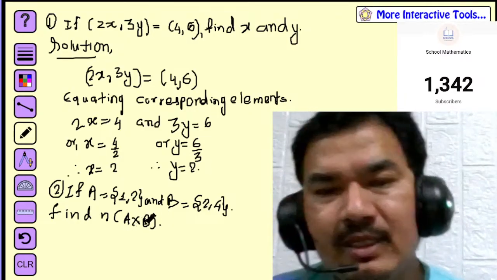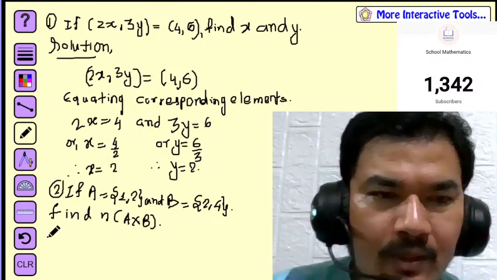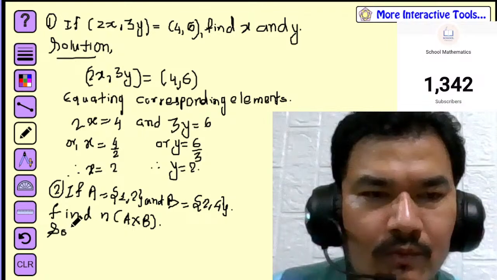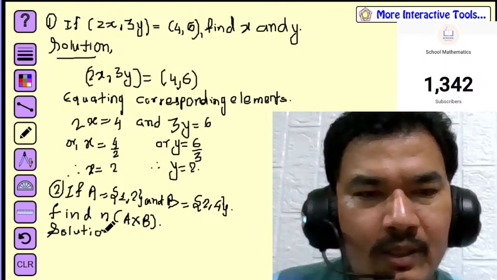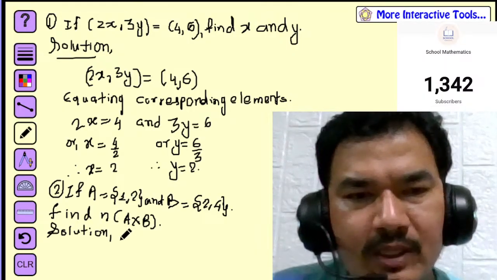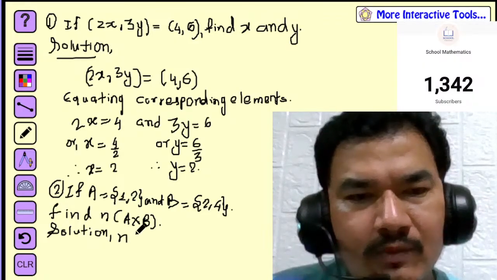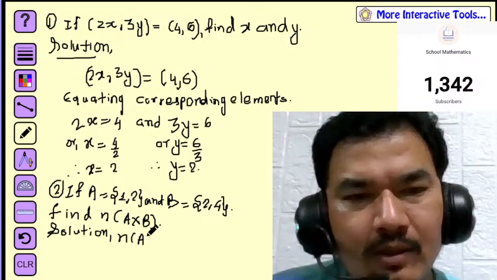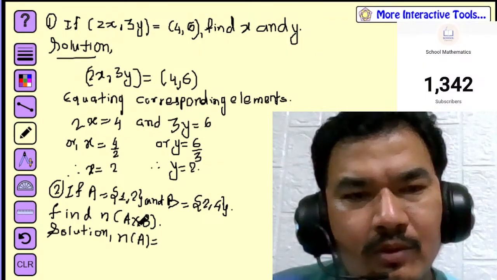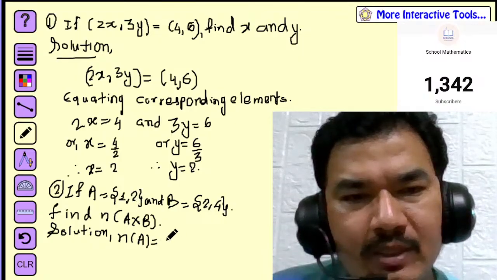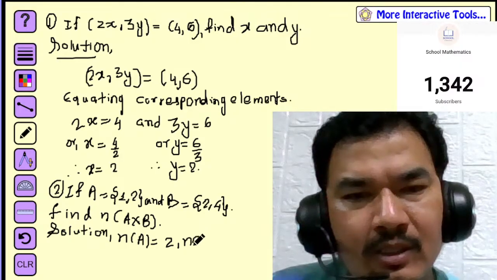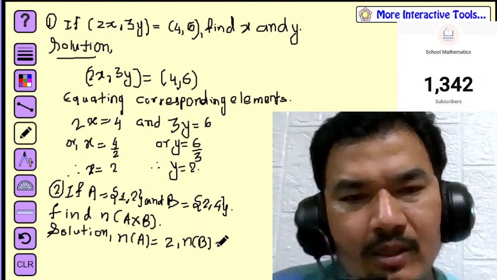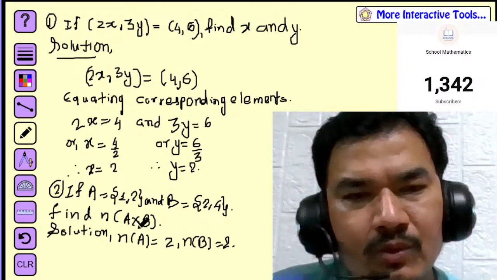Then in this case what we should do, children? Look here, write the solution first. As we know, the cardinal number of set A means there are two elements there, 2, and the cardinal number of set B also has two elements.